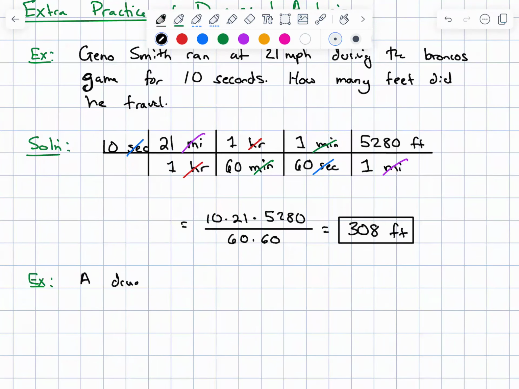A drug needs to be administered at a rate of 0.5 milliliters per minute.